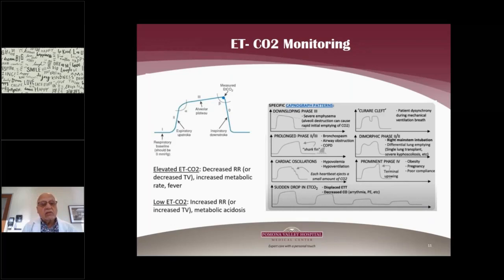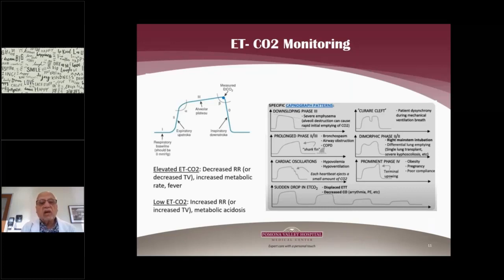Low end-tidal CO2 is seen where the respiratory rate or tidal volume increases, where metabolic acidosis develops, and also with acute events like acute pulmonary embolism. That would be a good indication that something has gone wrong when the end-tidal CO2 suddenly drops significantly.